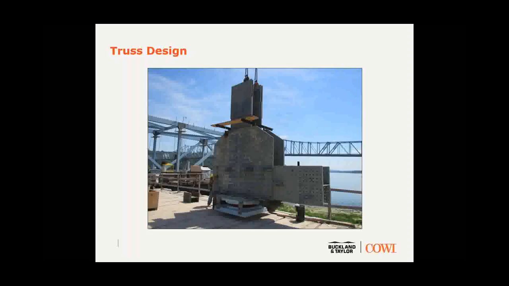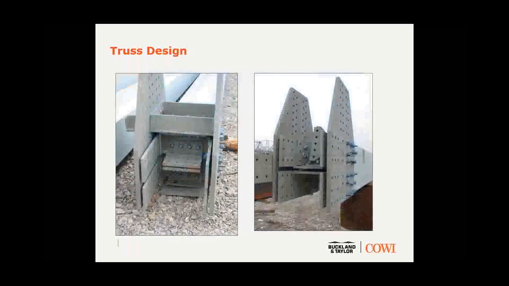And all of the connections are completely bolted, including stiffeners and gussets and angles within the joint. Here's a couple of examples of a node and all the different parts that go into that node once connected.